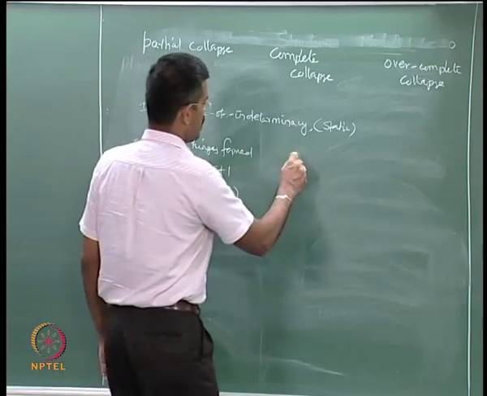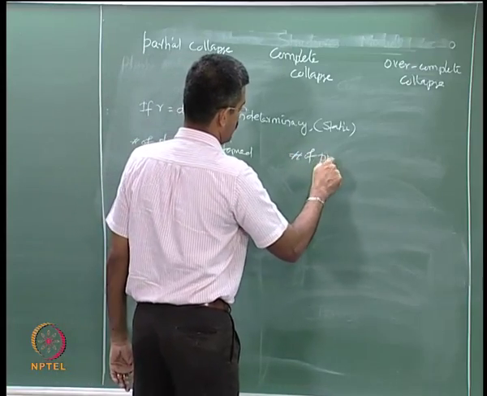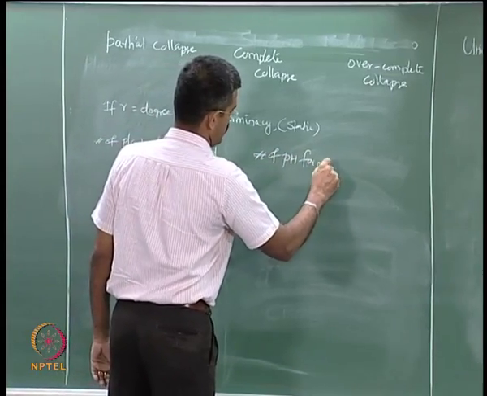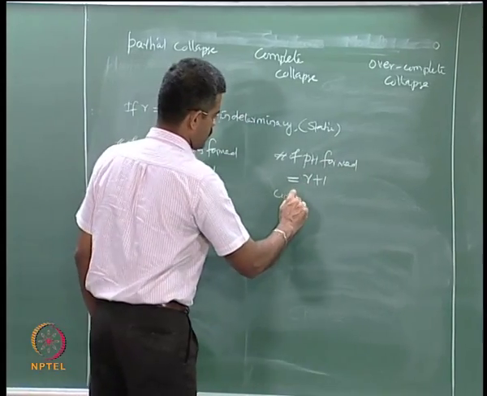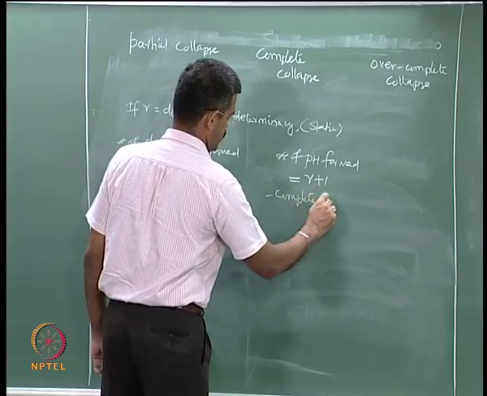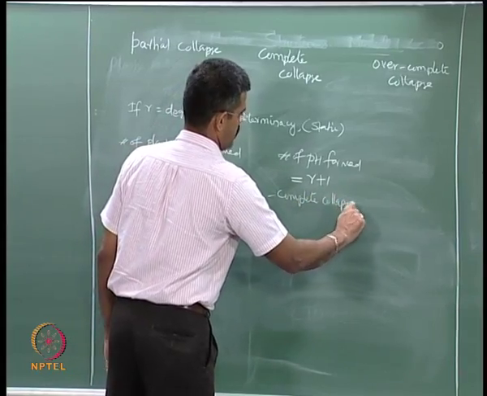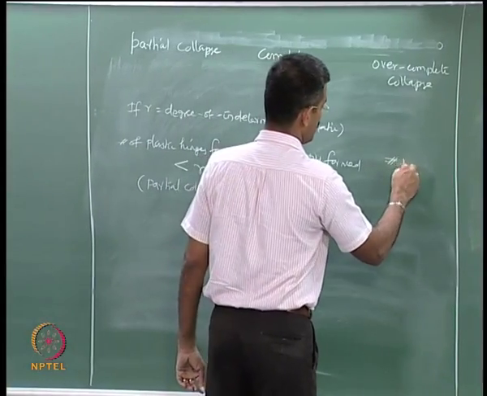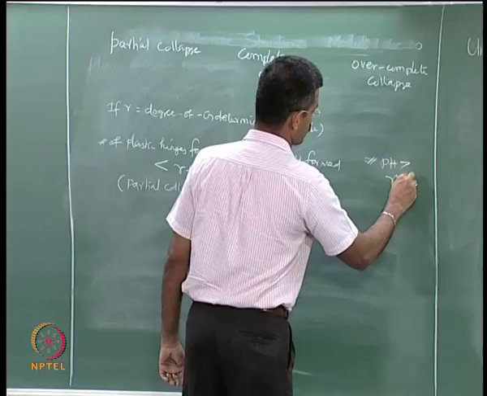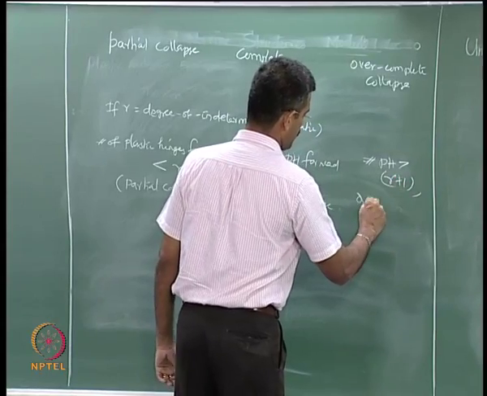If the number of plastic hinges formed is equal to r plus 1, it is called complete collapse. If the number of plastic hinges formed is more than r plus 1, this is called over complete collapse.